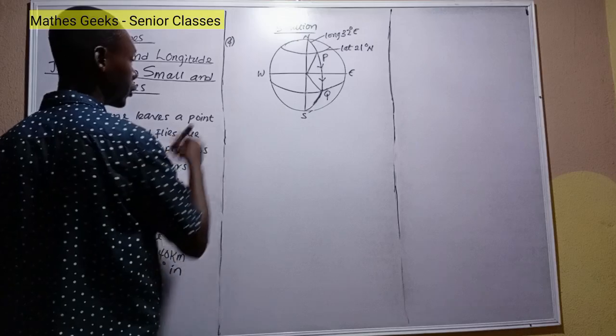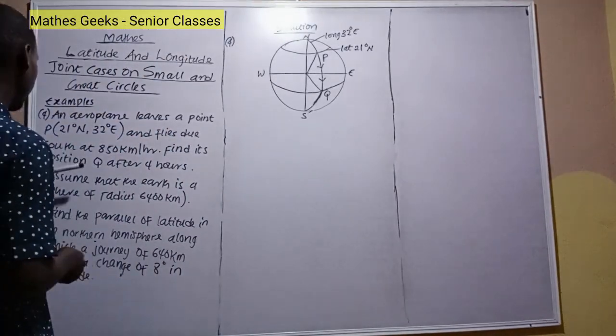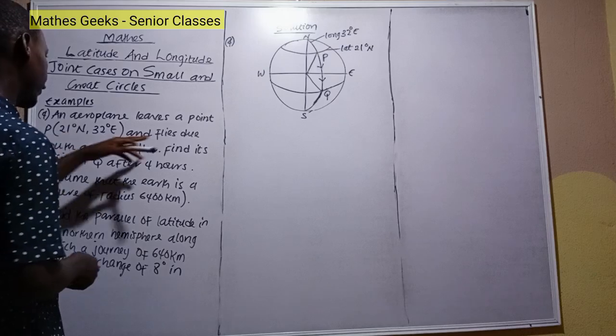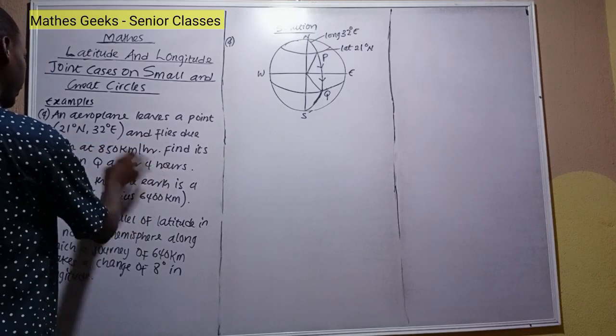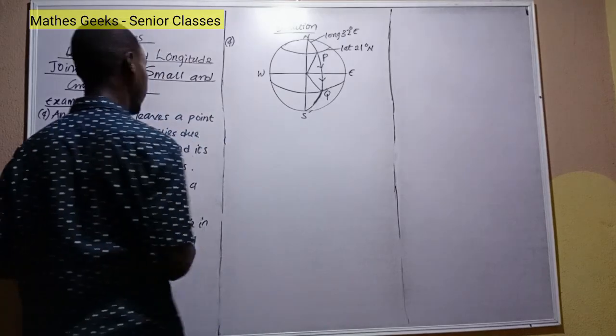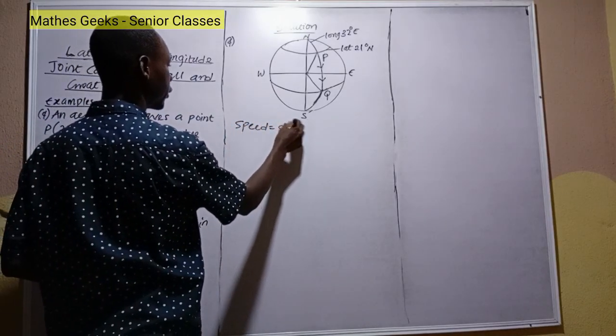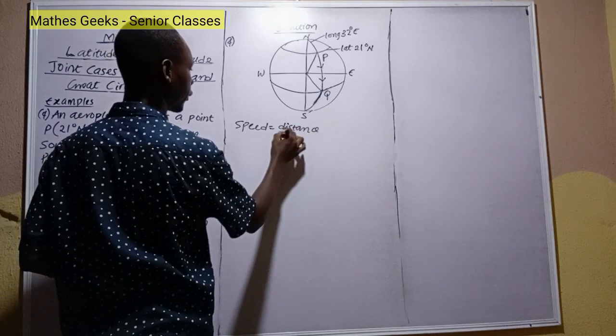The extra information given to us here is the time, 4 hours, and the speed. Which means we can get the distance from the time, since speed is equal to distance over time.